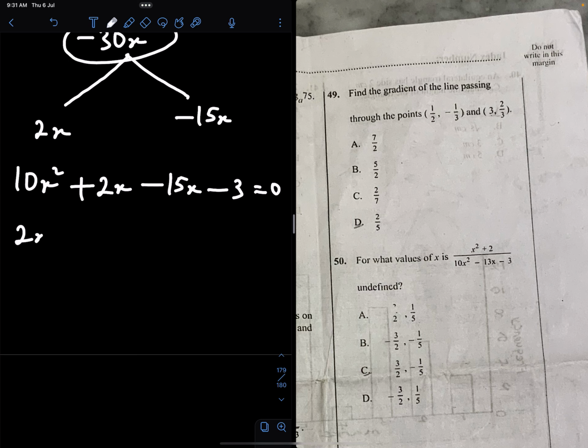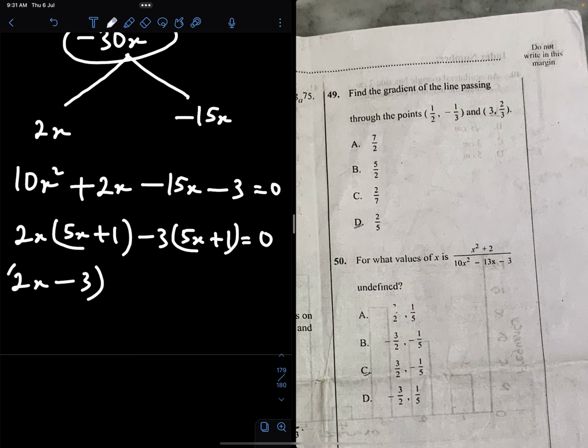And that simply means 2x(5x plus 1) minus 3(5x plus 1) equals 0. And that means (2x minus 3)(5x plus 1) equals 0.